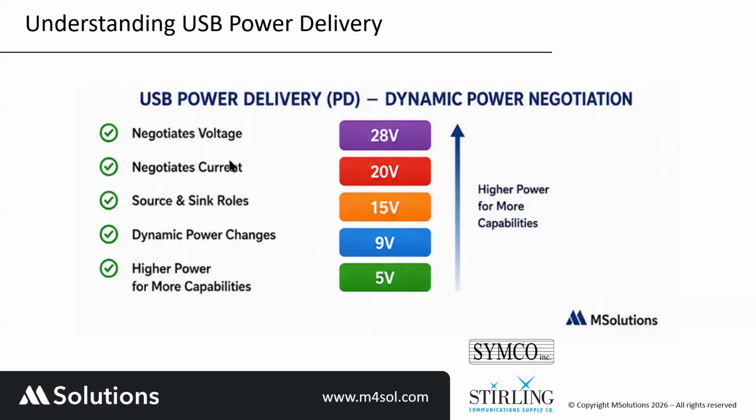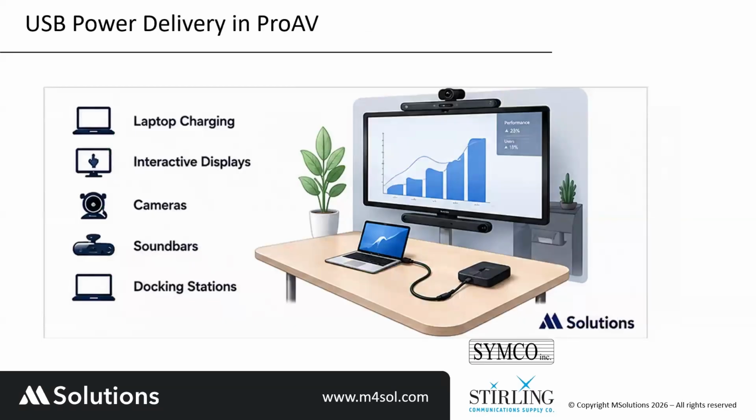And the main thing that we need to understand is that power delivery is a communication protocol, not just a power supply. We're no longer just providing power to the device, because the role can be swapped and changed. So in terms of power, we need to understand the dynamic negotiation and how the power is being driven.